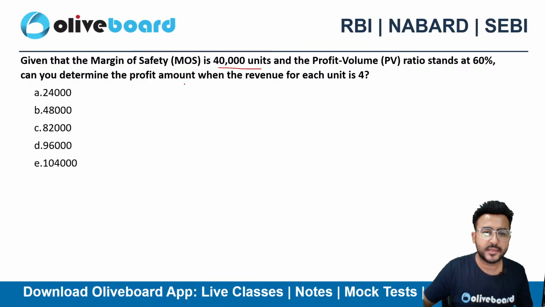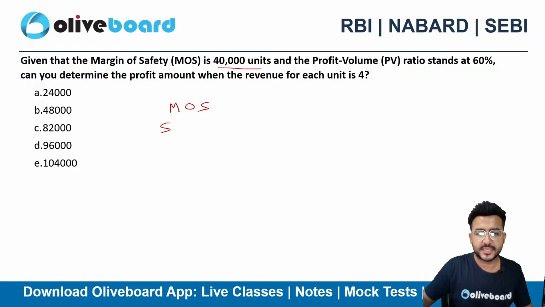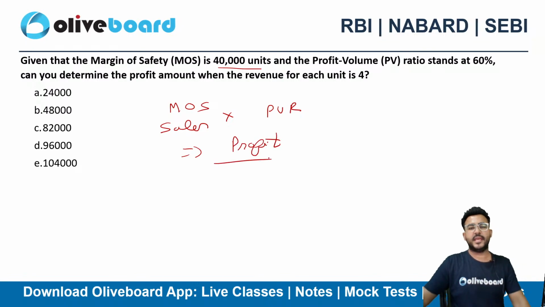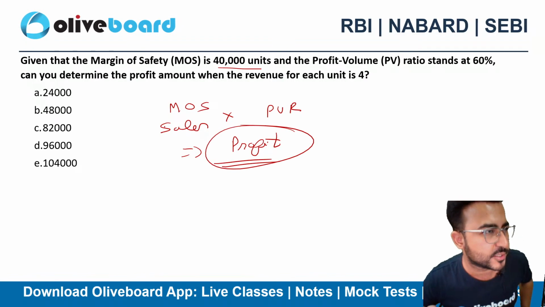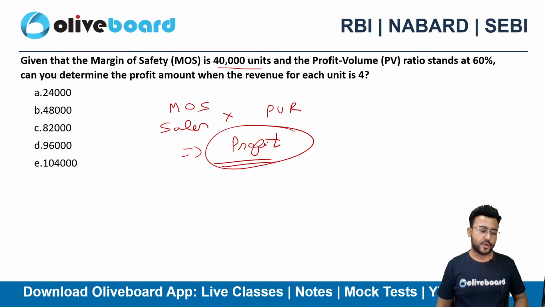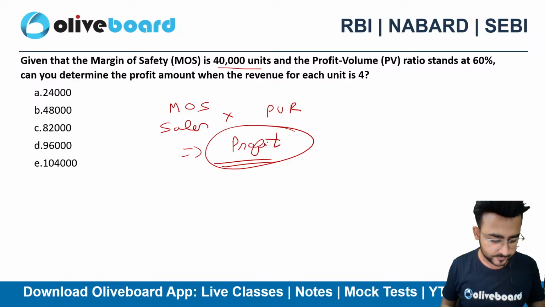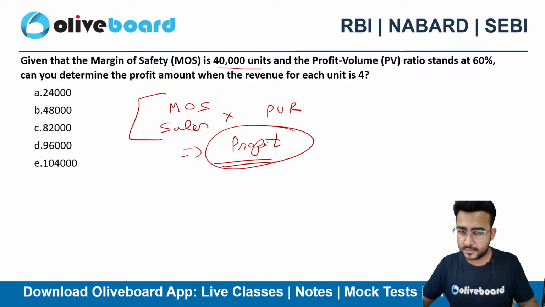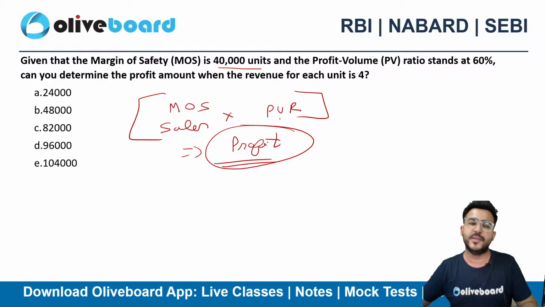I know the fact that margin of safety sales multiplied by PV ratio will directly give a contribution equivalent to profit, because there is no fixed cost, since fixed cost I have already covered at break even point. So you just need to calculate the margin of safety sales and multiply it by the PV ratio.